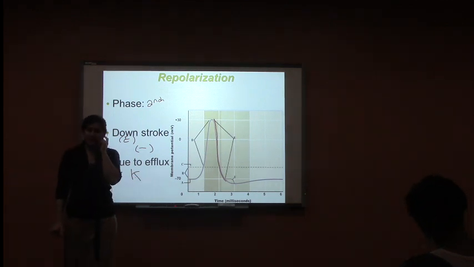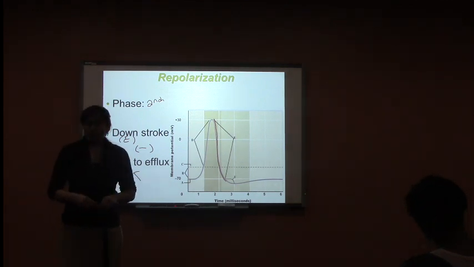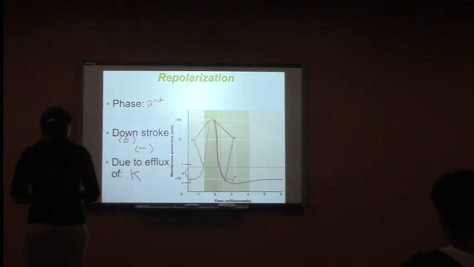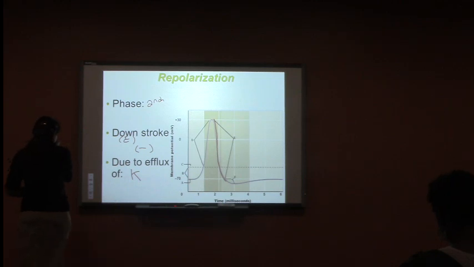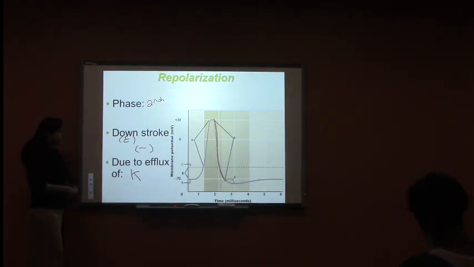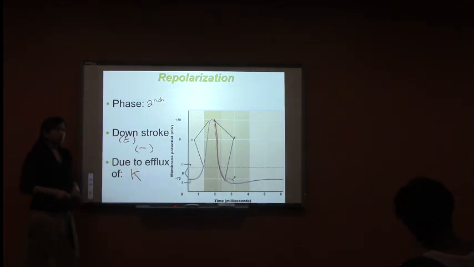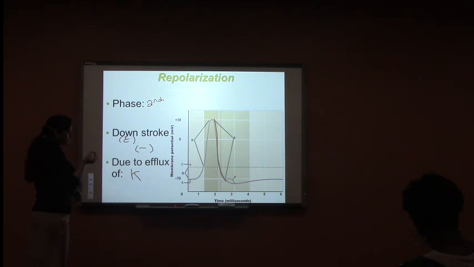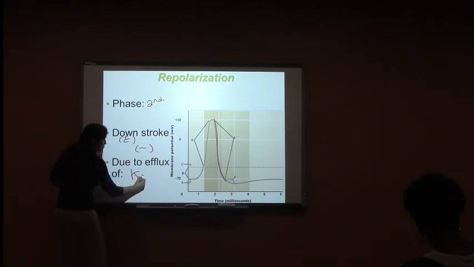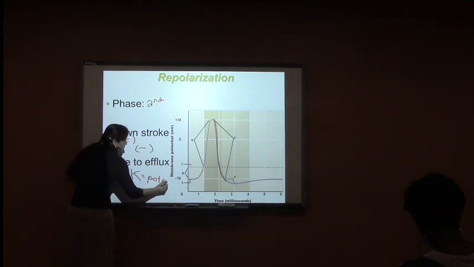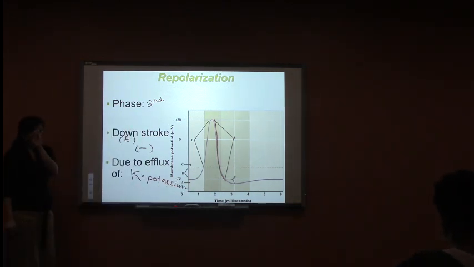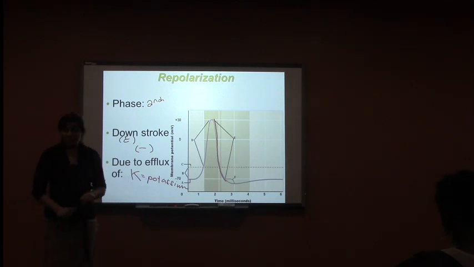Potassium is leaving the cell, therefore the cell is becoming more negative. Not influx, but efflux of potassium. K stands for potassium, and A stands for sodium.